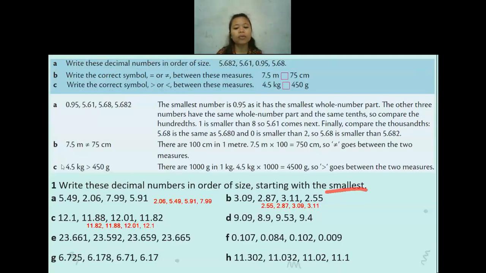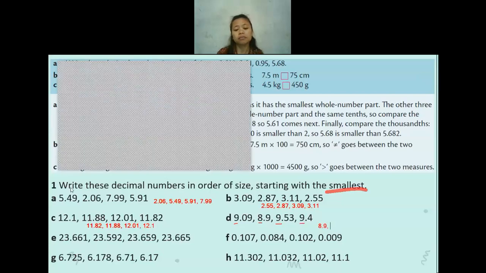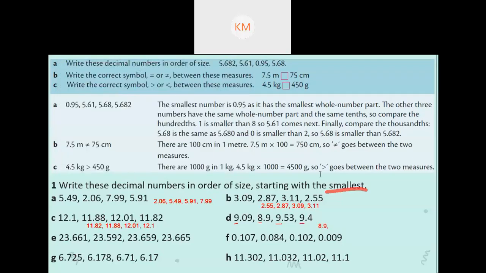You go somewhere. And which one is the smallest one? You can compare the ones unit first. This is 1D. Which one is the smallest one? 8.9. After that, 9.09.